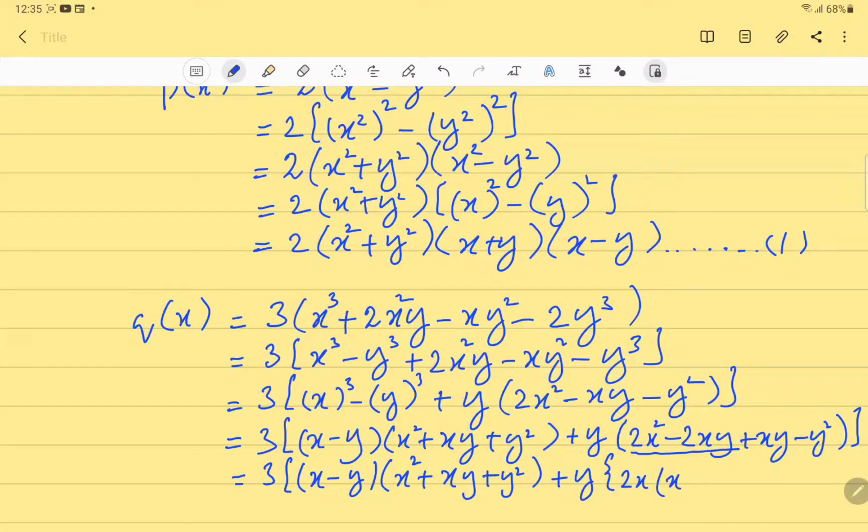We are left with x minus y, and in the second one we have plus y common, and we are left with x minus y.